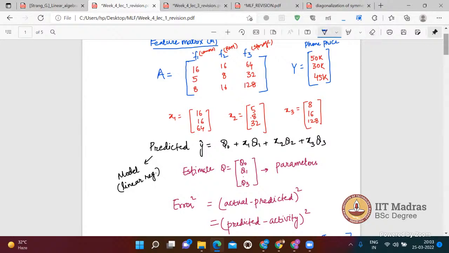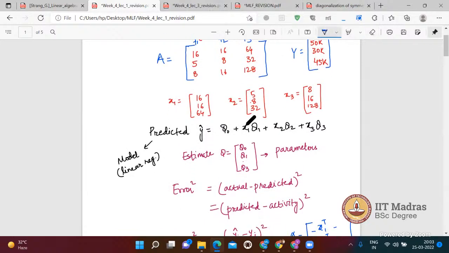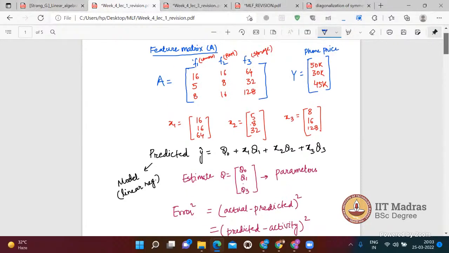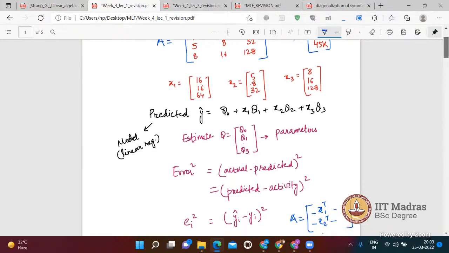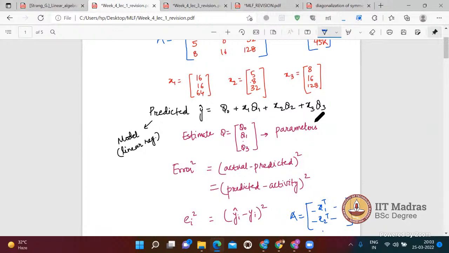Since we have the labeled value, we can develop a model. We are discussing the linear model. The linear model can be modeled like this: theta naught is a dummy value, and theta 1, theta 2, theta 3 are the weights corresponding to x1, x2, x3.